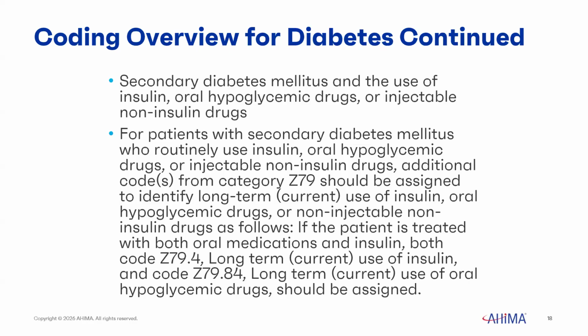We would use codes from code category Z79 for long-term use of insulin, oral hypoglycemic drugs, or the injectable non-insulin drugs. An important point is if both oral medications and insulin are used, we would use both the codes Z79.4 and Z79.84 to indicate the use of both medications.